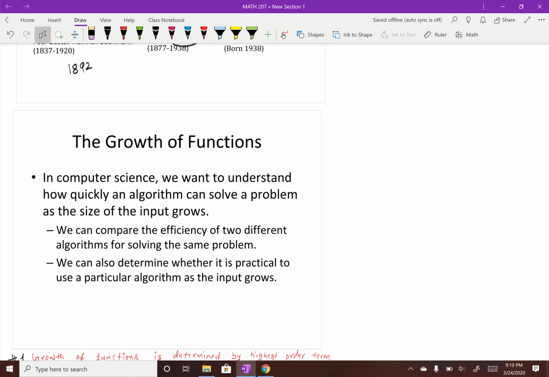We can also determine whether it's practical to use that particular algorithm as the input size grows. So you might have heard of some algorithms which become difficult to execute based on their input size, and you want to avoid those algorithms.